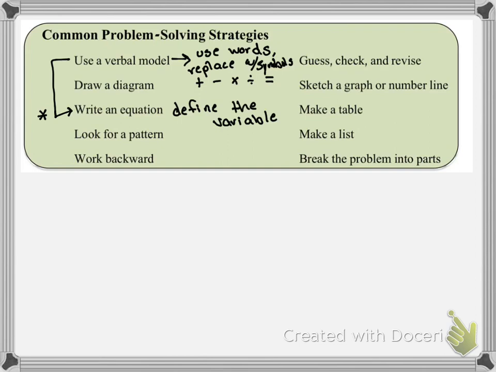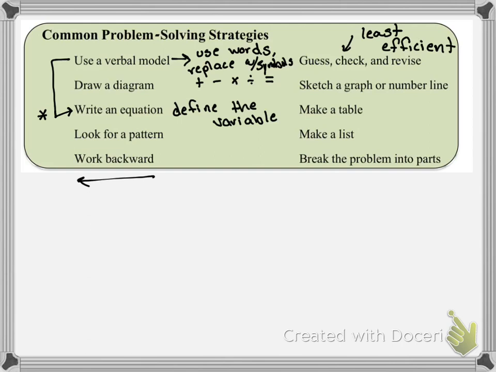Look for a pattern. Another one that's sometimes nice is working backwards. Start at the end, what the end result is, and work your way backwards to what the beginning was. Guess, check, and revise. This one I would have to say is probably the least efficient. What does efficient mean?